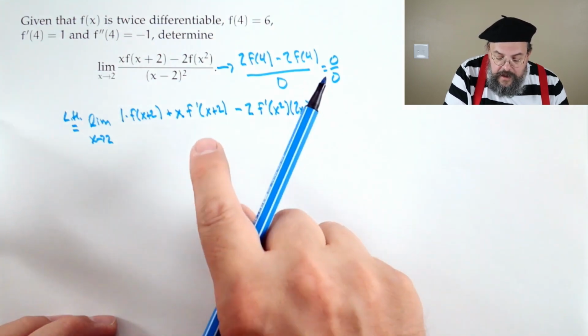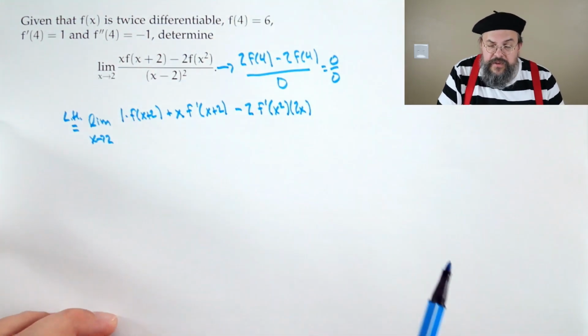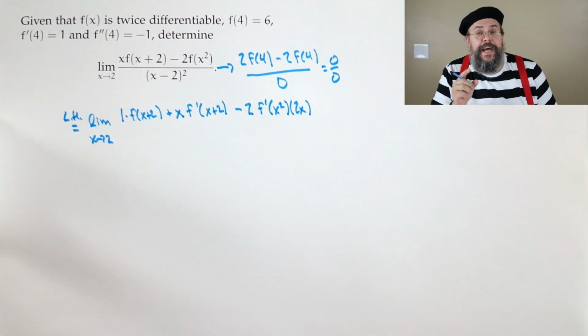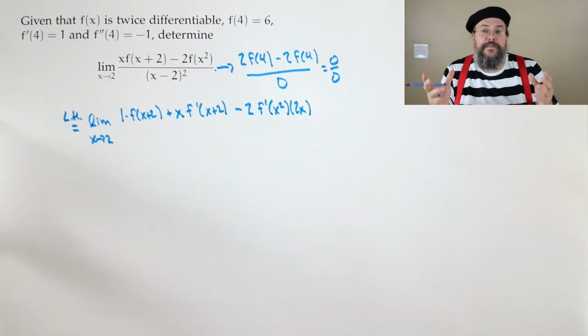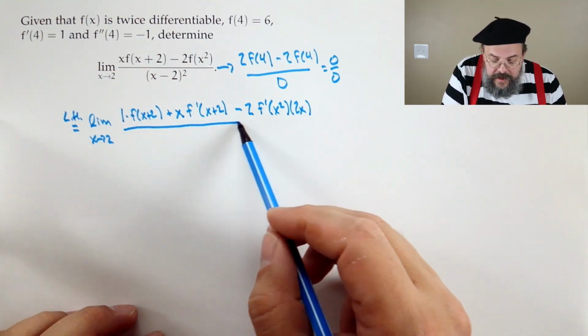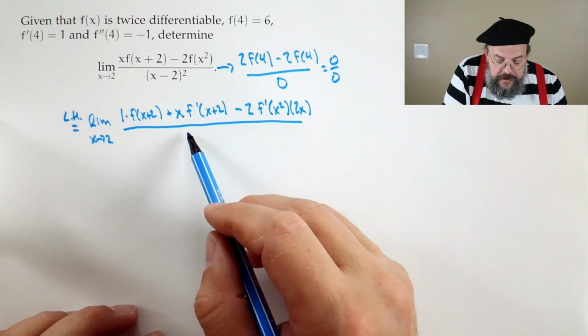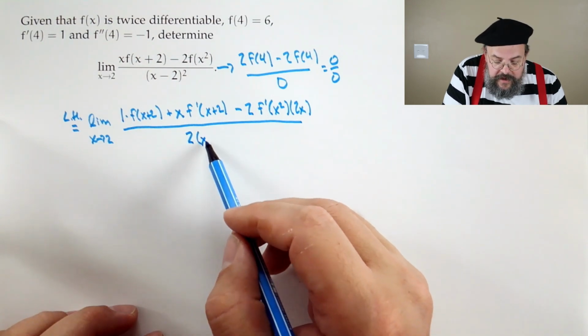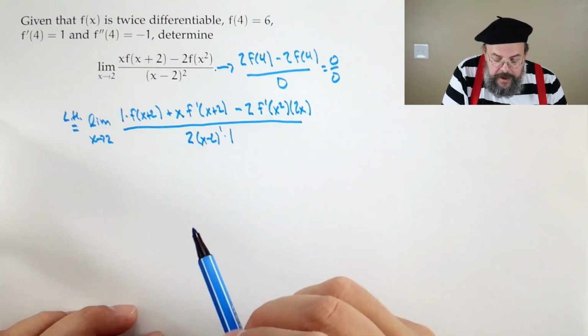Now you might have said, wait, shouldn't you have used the chain rule on the x plus 2? I should have, and I did, I just didn't write it down. The derivative of x plus 2 with respect to x is 1. And all of that downstairs is the derivative of that, 2 times x minus 2 to the 1 times 1.